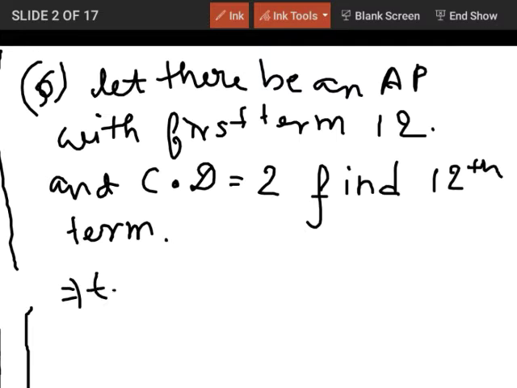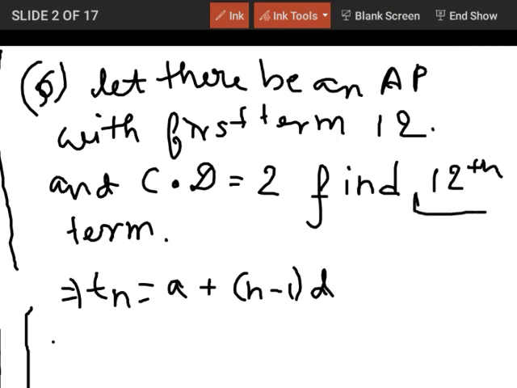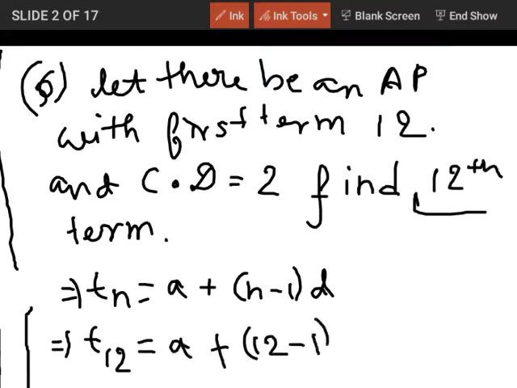So we know that Tn is equal to a plus (n minus 1) into d. Now we are asked to find the 12th term, so it will be T12, right? We have to replace n with 12, and it will be (12 minus 1) into d, right? You know the value of d, that is 2.